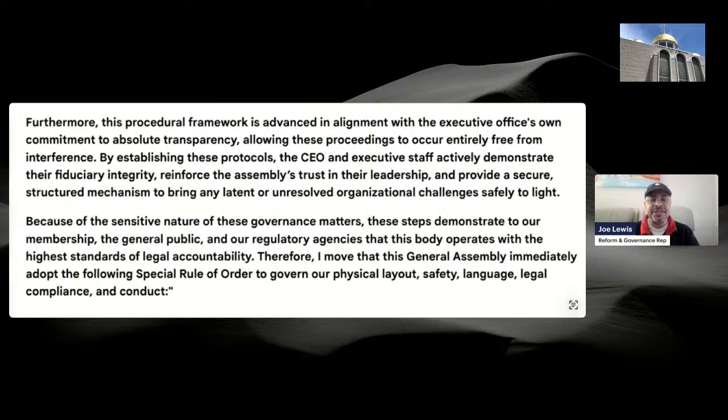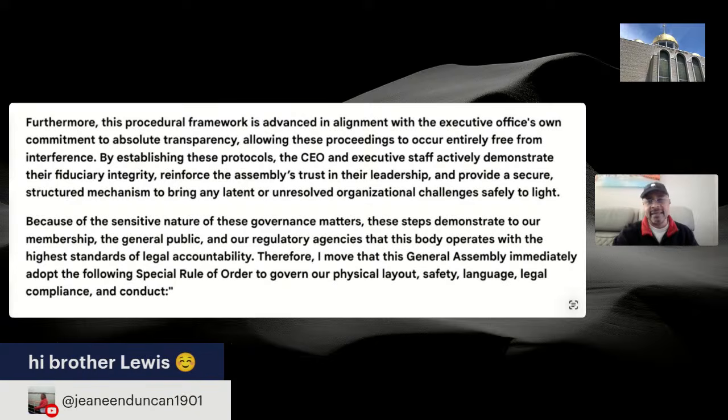Therefore, I move that this General Assembly immediately adopt the following special rule of order to govern our physical layout, safety, language, legal compliance, and conduct.